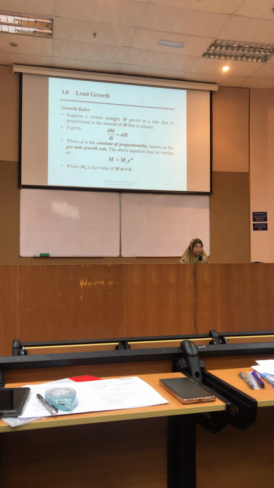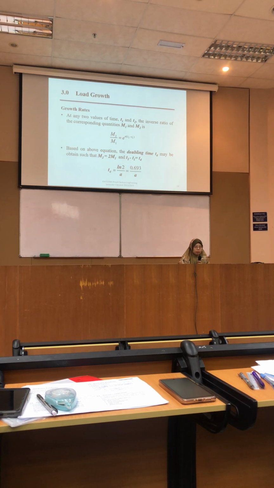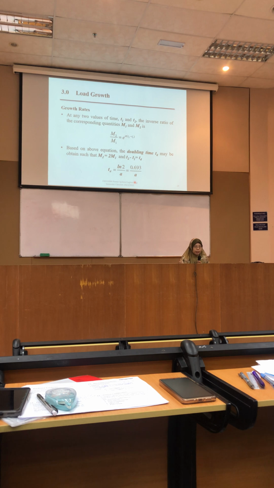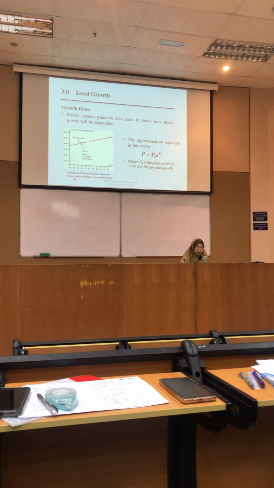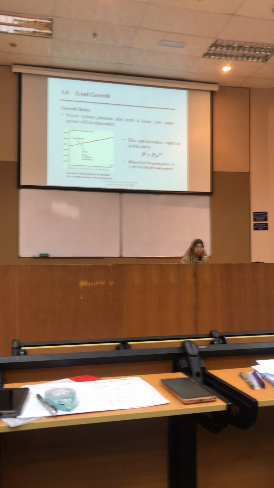Growth rate: we can calculate the growth rate of the electricity supply. If we double the time, we can calculate the doubling time with an approximation equation. This is the peak demand, an example of peak power demand for a certain country over several years.